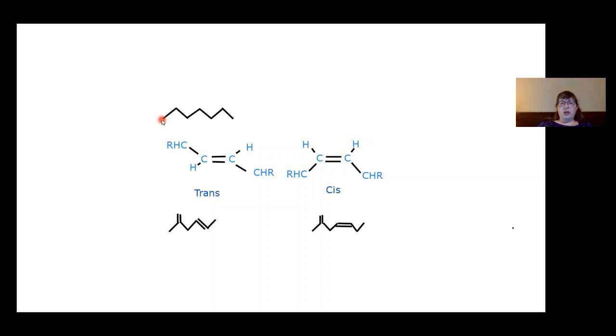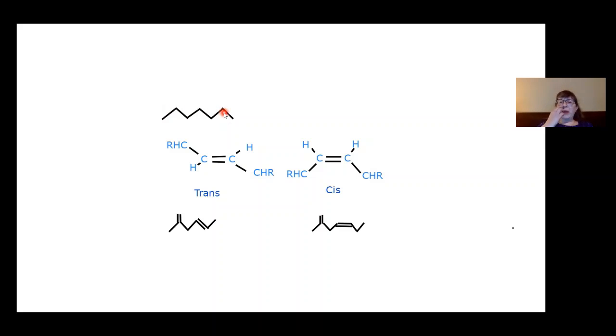So the one that I'm resting on right now is at the end. It has 1 bond to a carbon, so it is bonded to 3 hydrogens. This carbon has 2 bonds to carbons, and it has 2 hydrogens. Same with this one here, so there are 2 invisible hydrogens there. So that's kind of what we see when we see a long chain.